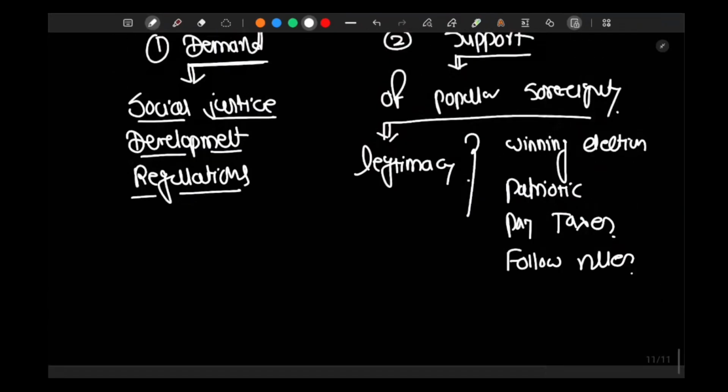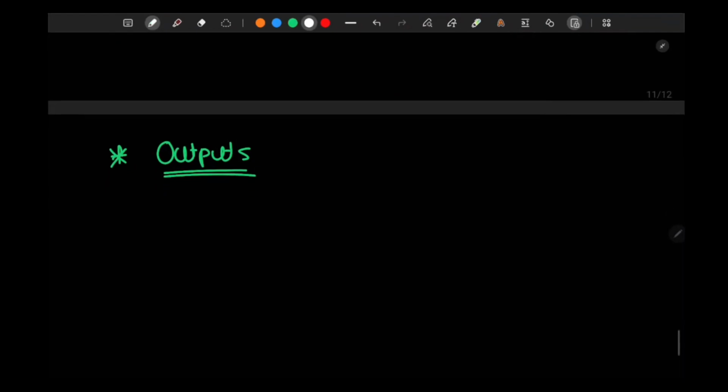So demands are done. Inputs are done. We have to see outputs. Outputs are through policies and decisions.